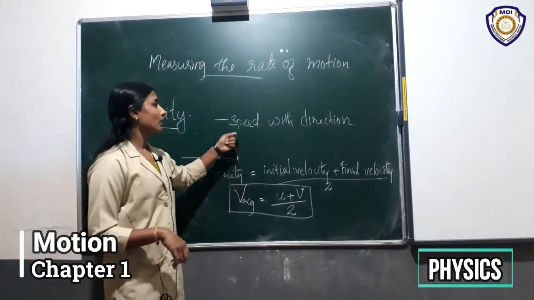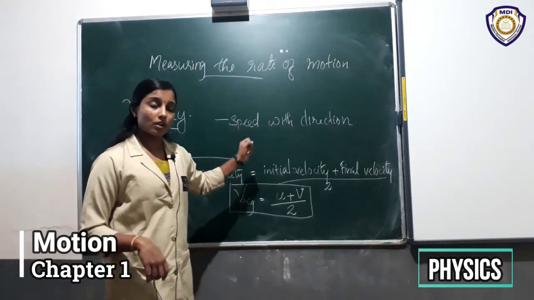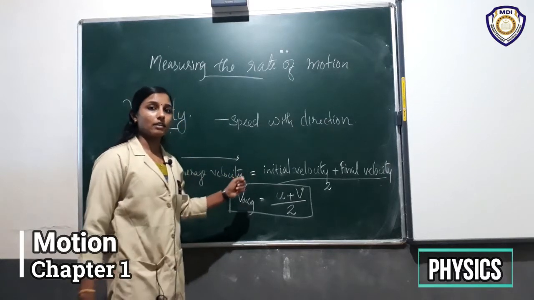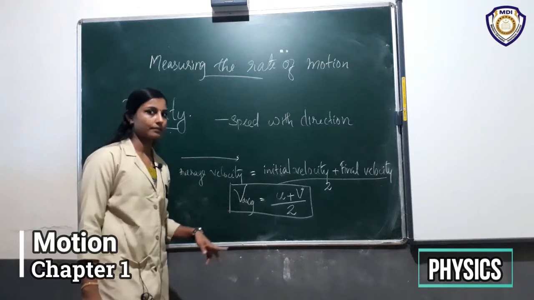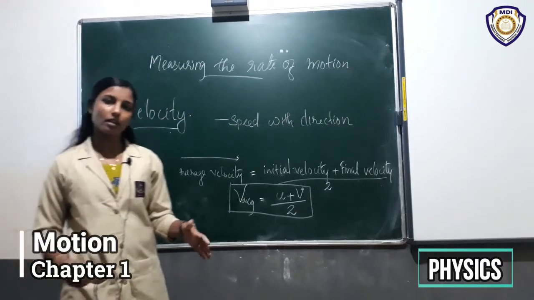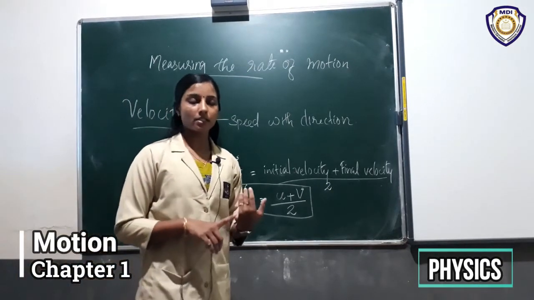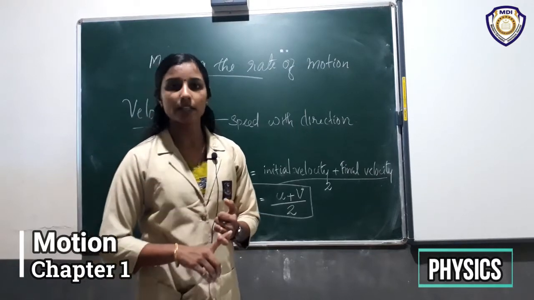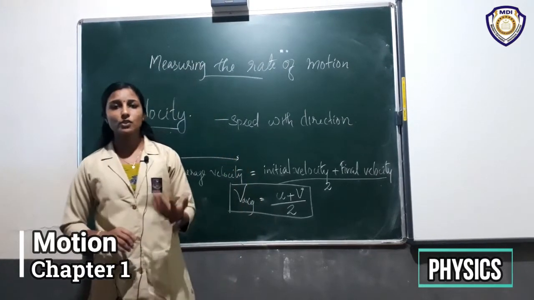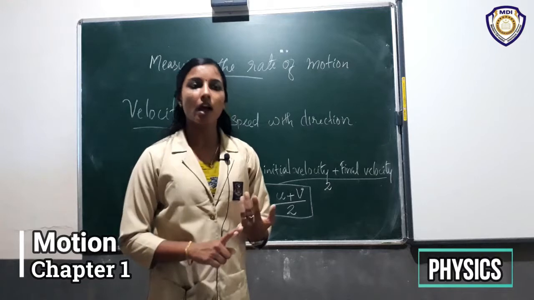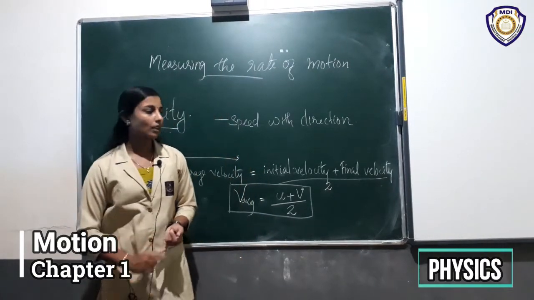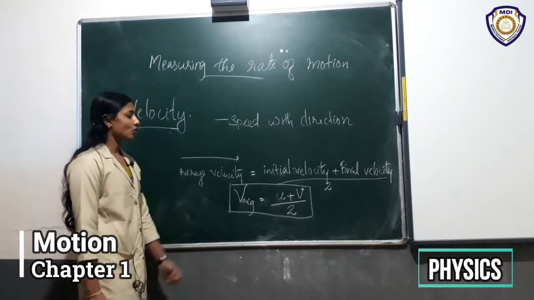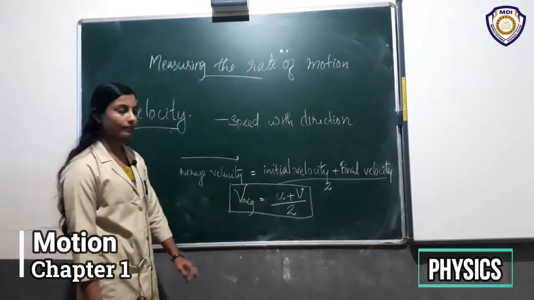And speed is a scalar quantity, and velocity is a vector quantity, right? What is vector and scalar? Speed only has magnitude, but velocity has magnitude as well as direction, right? So what will be the unit of velocity?